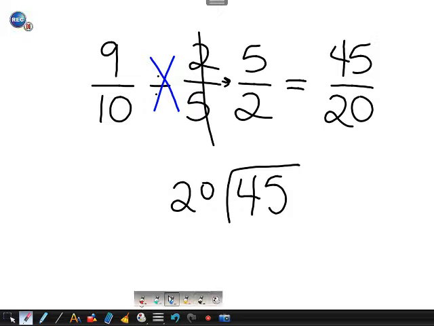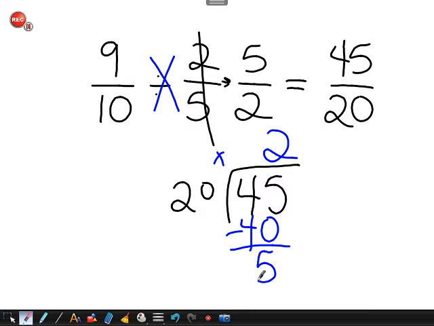All right, and 20 goes into 45 2 times. 2 times 20 is 40. 5 left over. Fish hook it like before. So my answer is 2 and 5 over 20.